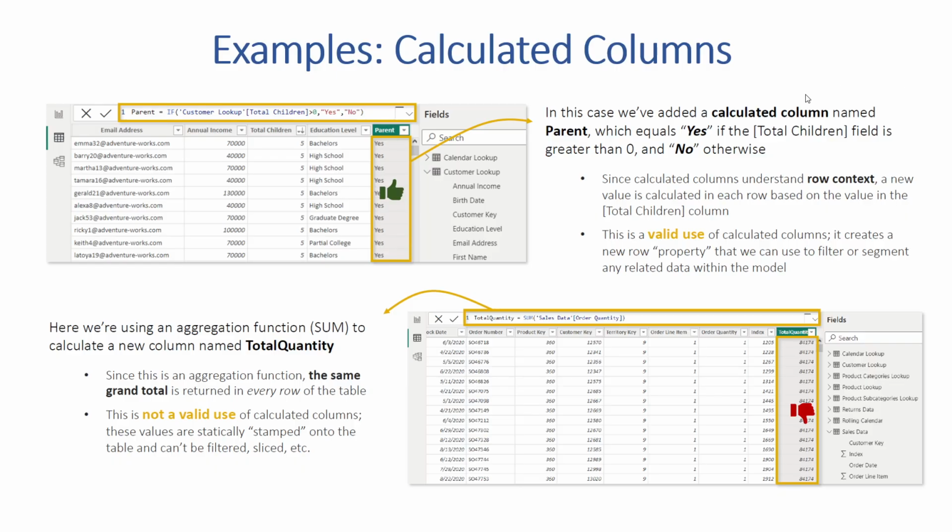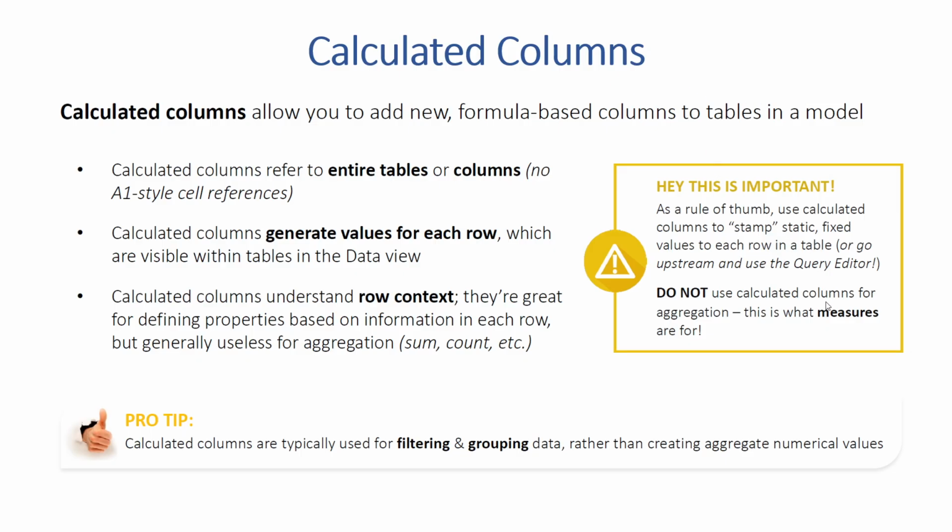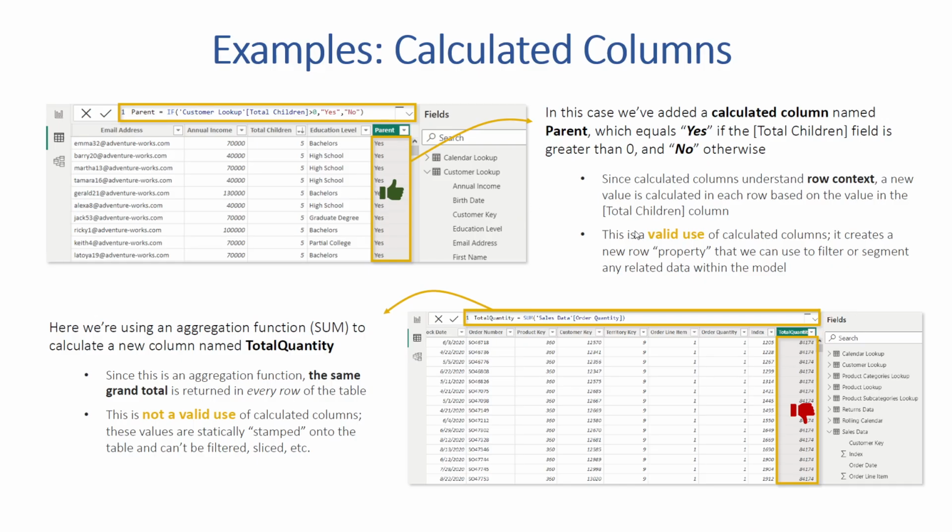This is the example of the calculated column. Why should we use a measure, and why should we use a calculated column? Let's take an example. In the front, I have given two examples. In one example, we added a calculated column named Parents, which equals Yes if the total children is greater than 0 and No otherwise.